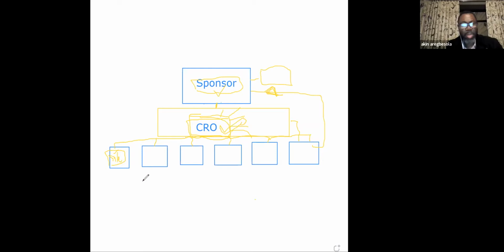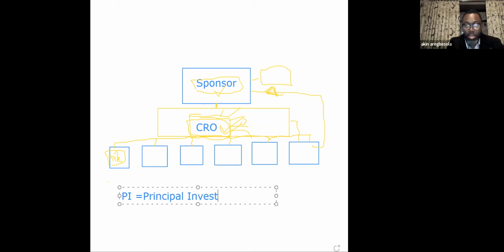But the primary person there is the PI, principal investigator.